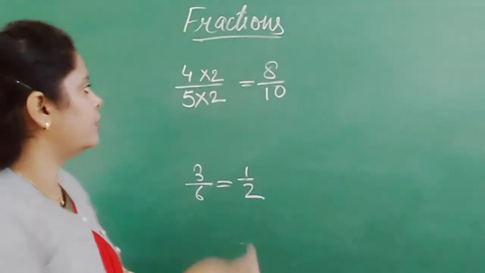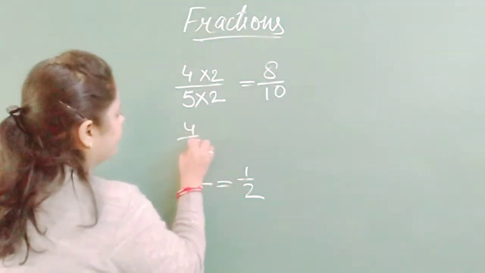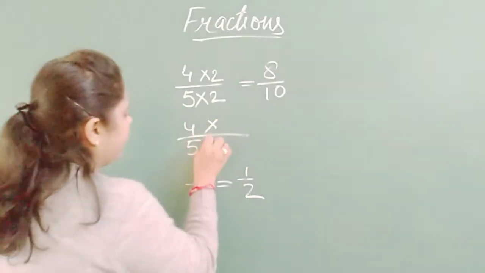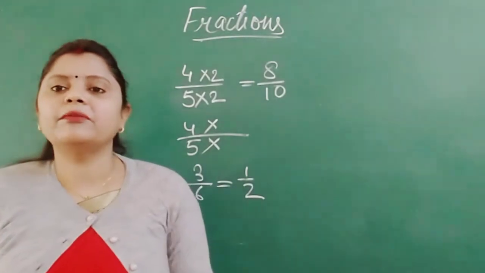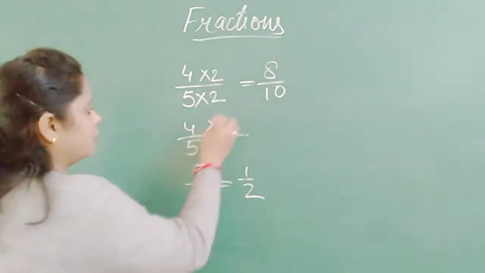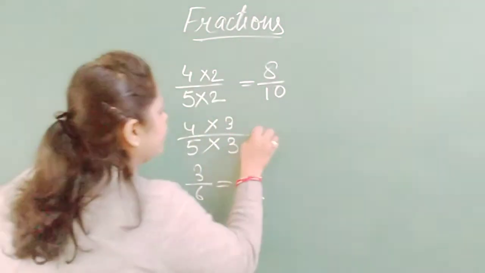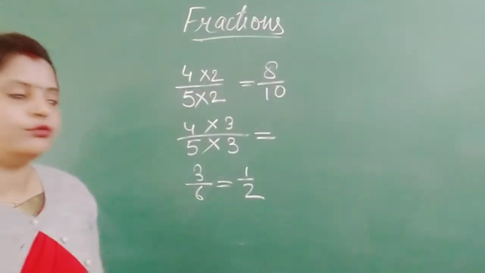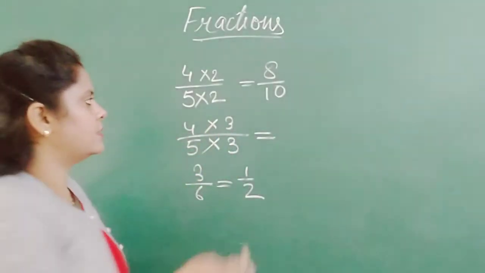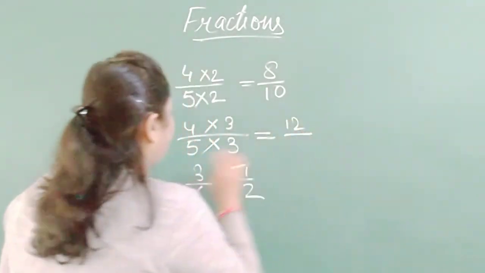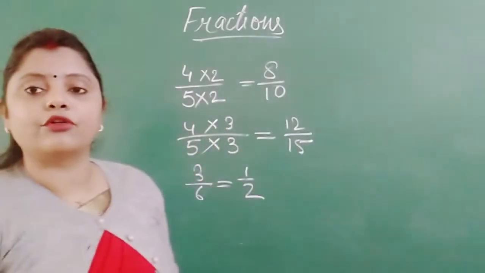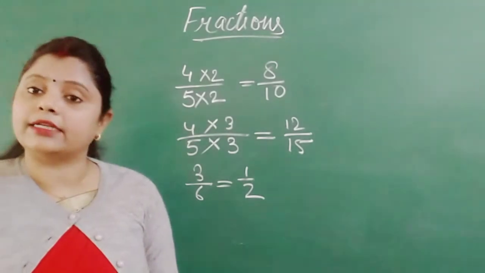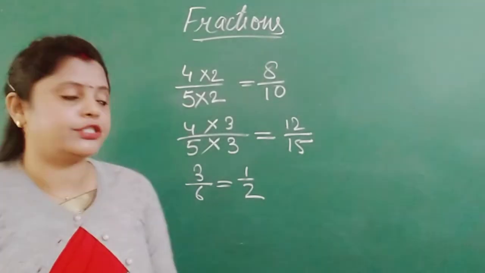So what will we do here? Simple thing. We will multiply with any other number. Earlier we were multiplying by 2. Next we will multiply by 3. You can multiply with any number, it will be up to you. So 4 into 3 is 12 and 5 into 3 is 15. So you see, we have got two equivalent fractions as asked in the question.